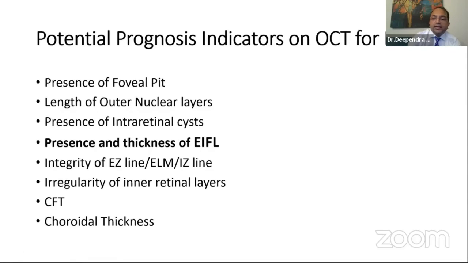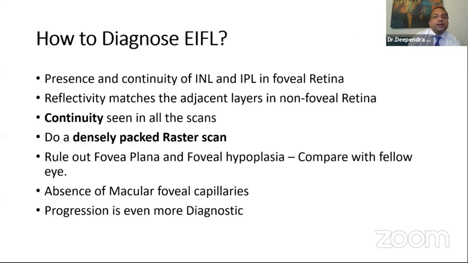So again, EIFL is a very landmark finding in epiretinal membrane, and this is something which I was discussing, that before we diagnose or stage these membranes, we have to ensure that our findings are seen 360-degree in all the scans.